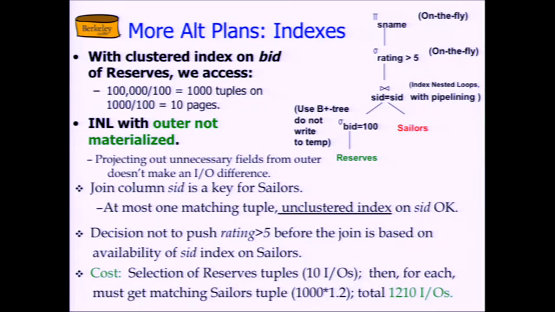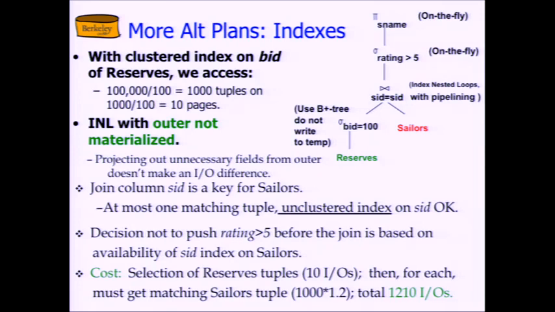So you want it to be clustered because you're going to scan a whole bunch of things that have BID equals 100. It's 1,000 tuples. If they're all together, then it's 1,000 tuples, 100 tuples per page. It's only 10 pages worth of heap file that we'll look at to get the reserves tuples. So that index lookup, select BID equals 100 on reserves, is going to result in 10 pages of heap file scan, plus maybe the cost to go down the index, but let's say that's free.